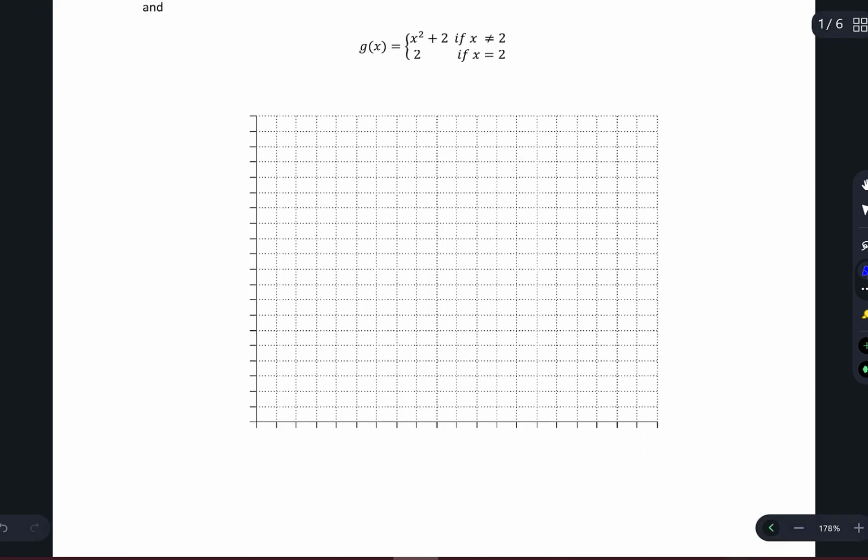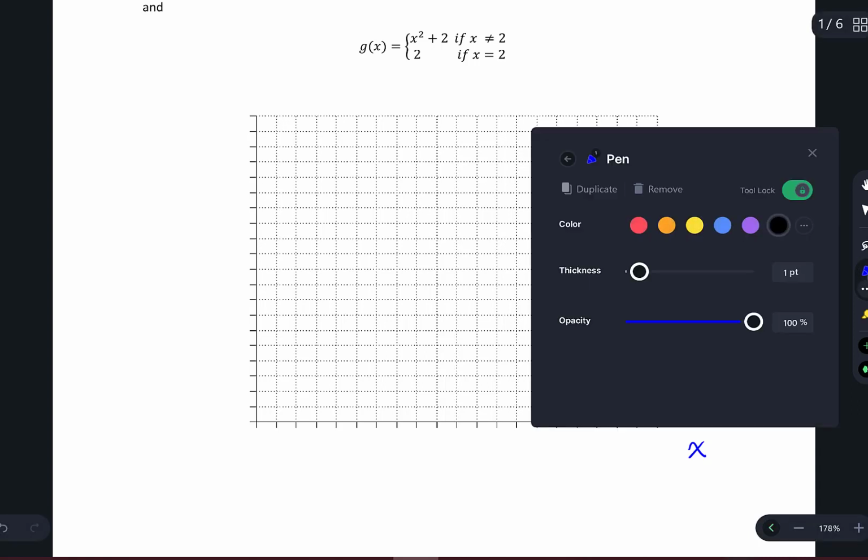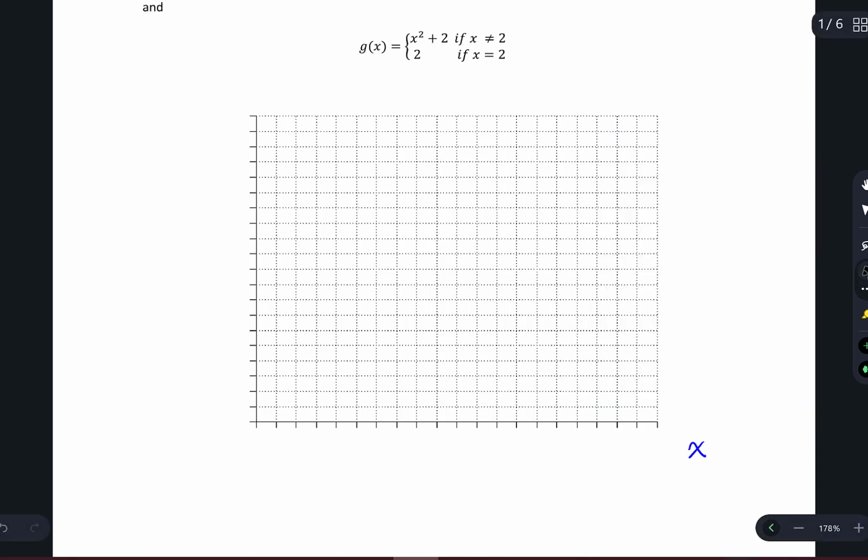Alright, the first thing I'm going to do is label my x-axis. Before I do that, I'm actually going to change my pen color. Along the x-axis, I'm going to start at -5, and then it's going to go up by 1 with every 2 tick marks.